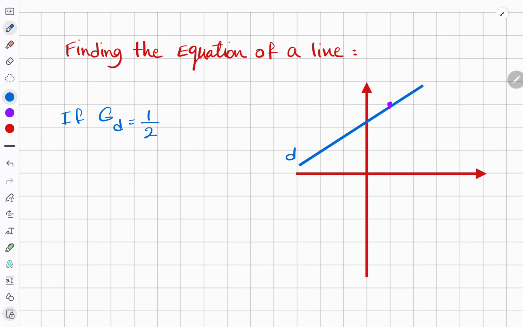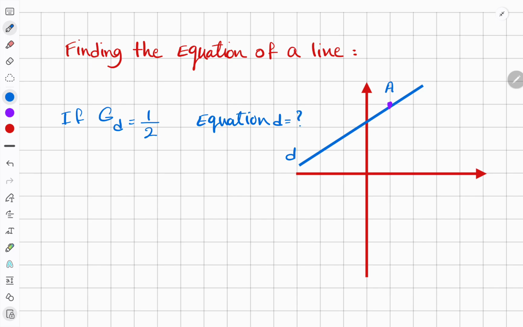The question is, we have a point like A on the line D, and we know that the gradient of D is 1/2, and we are going to write the equation of the line D.